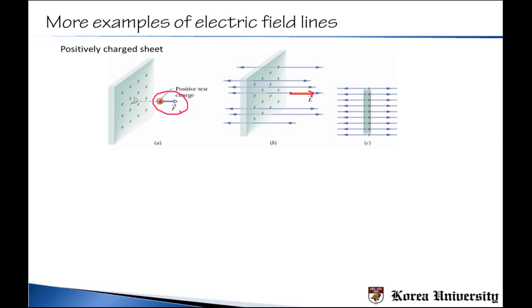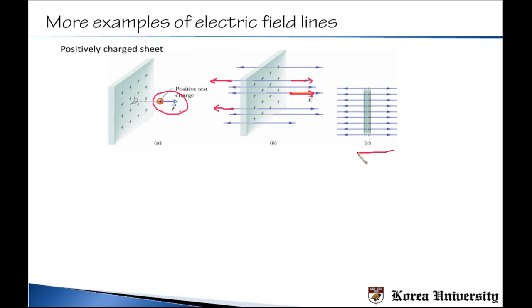And then if this sheet is very large and the charge density is uniform, it doesn't really matter if you shift sideways. If you go a little bit up, the direction of the electric field vector and probably the size will still be the same. But if you go to the other side of the sheet, then the Coulomb force will be along the opposite direction. Therefore, the electric field will again be in the opposite direction.